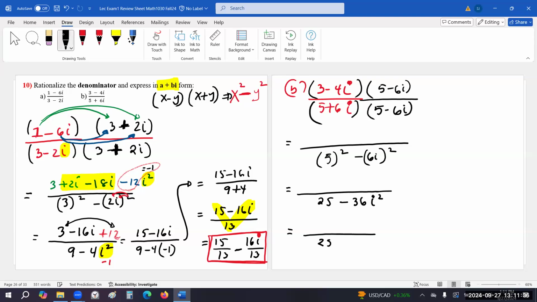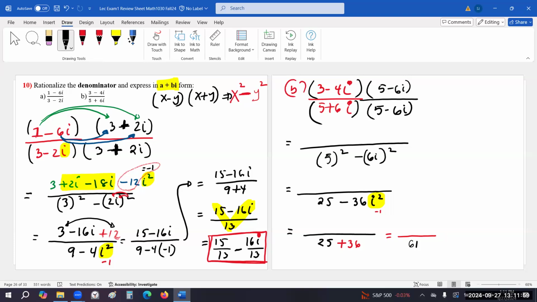And what does negative 36i squared turn into? Because i squared is negative 1, it becomes positive 36. And how much is 25 plus 36? 61. Great.